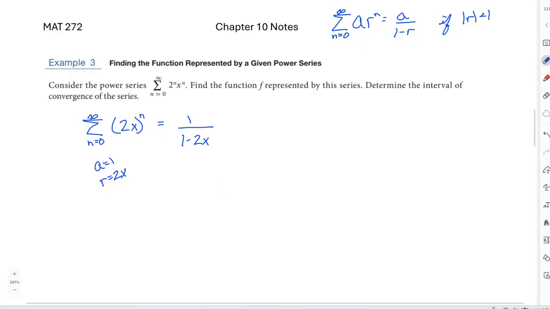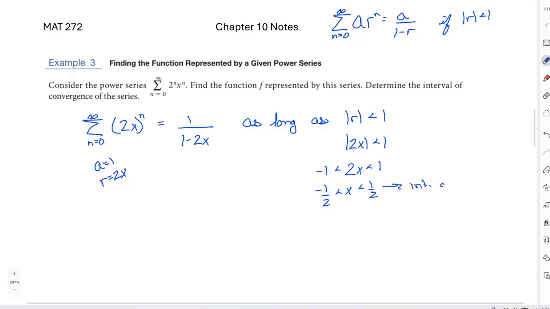So this series is going to look like this as long as the absolute value of r is less than 1, but my r is 2x, so the absolute value of 2x has to be less than 1, which means 2x has to live between negative 1 and 1, or x has to be between negative 1/2 and 1/2. And that's the interval of convergence.